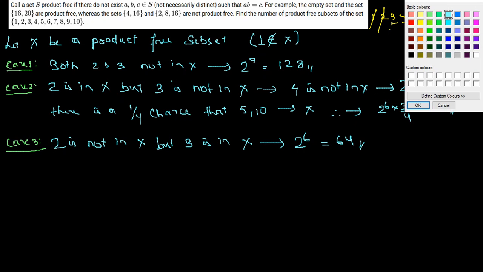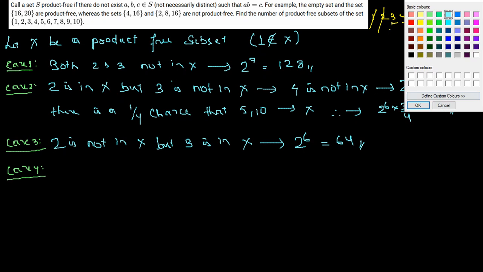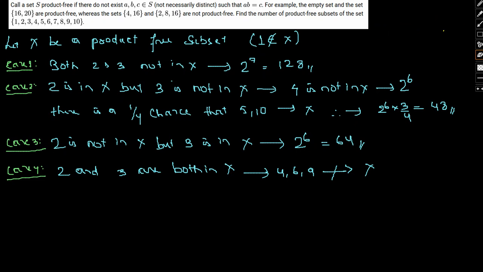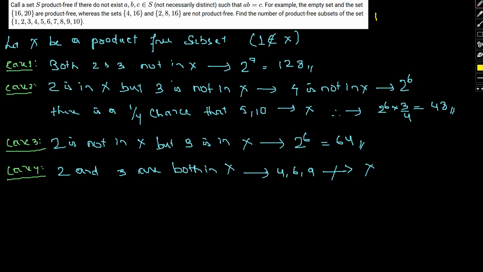And now if we talk about case number 4, here 2 and 3 are both in X. So since 2 and 3 are both in X, we have 4, 6, 9 that will not be in X. Okay, so let me just draw this again. 1, 2, 3, 4, 5, 6, 7, 8, 9, 10.